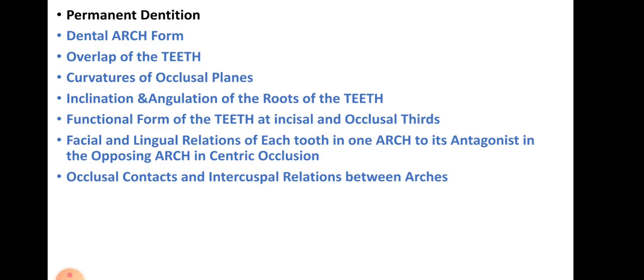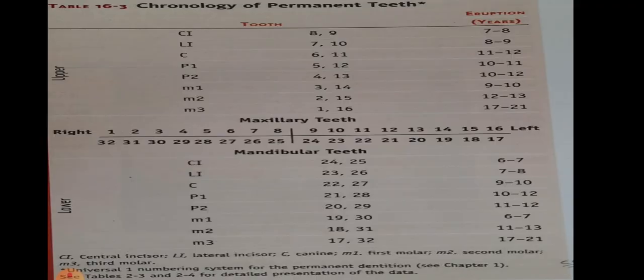The eruption of the permanent teeth also follows the tendency for the mandibular tooth of one type to erupt before the maxillary tooth.